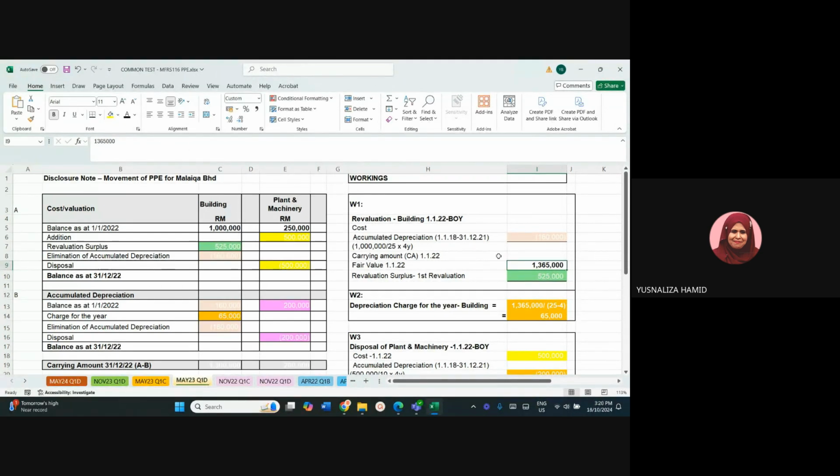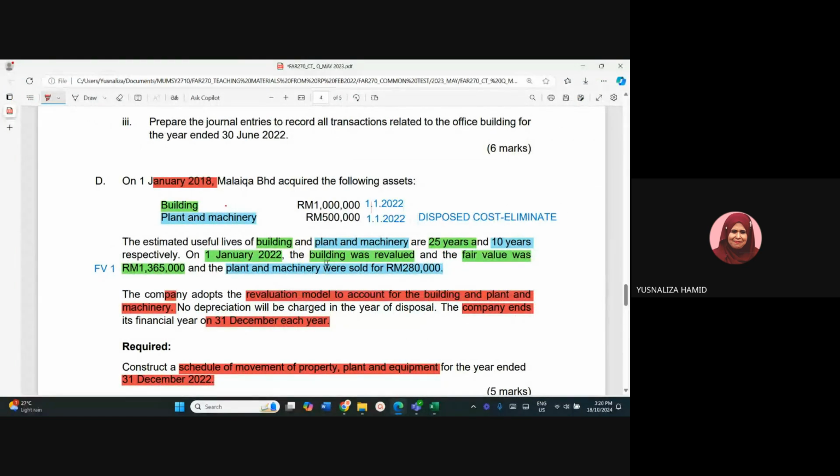You need to go and compare with the carrying amount here, which is on 1st of January 2022, because the revaluation is at the beginning of the year. To find that, you need to first take the cost, which is the cost 1 million, this cost, which refers to the cost of the building, and find out what is the accumulated depreciation of that building. Earlier, you are informed in the question that the building has a useful life of 25 years.